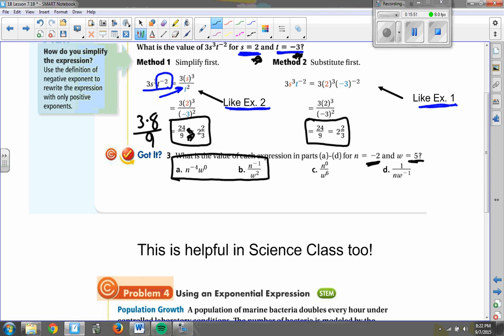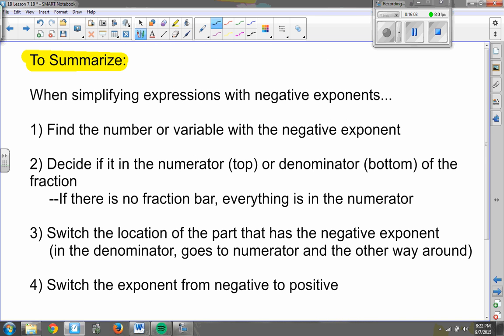So pause the video, take a look here at letter A and letter B, make sure you understand those, and then come back with me and we will summarize what is happening here and finish out this video. Okay? I'm going to skip the science class example for the sake of time, and we're going to go here to our summary. This is something to add to your notes, okay?